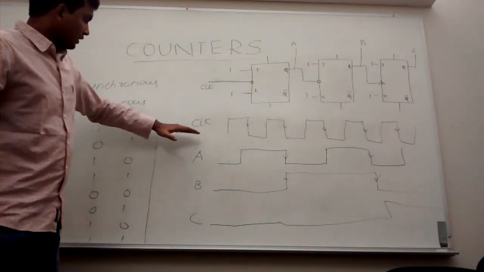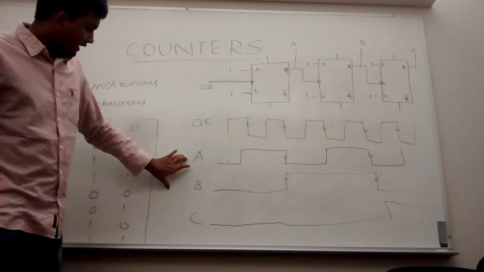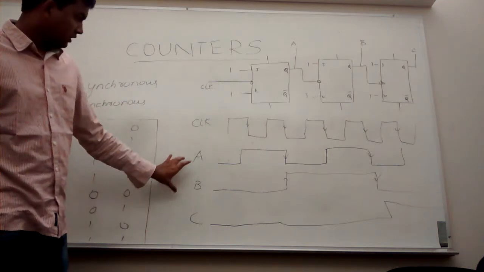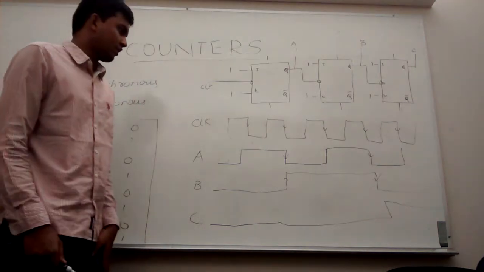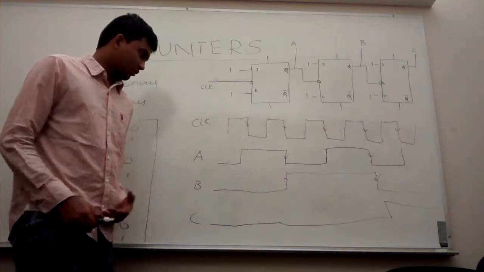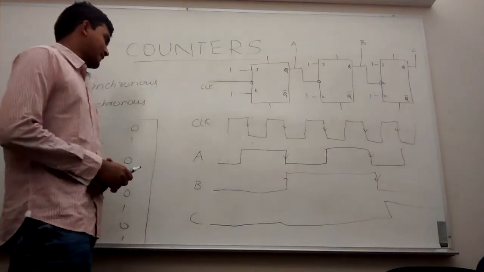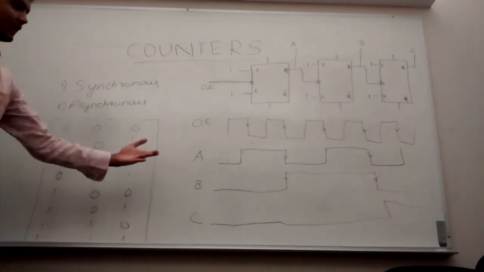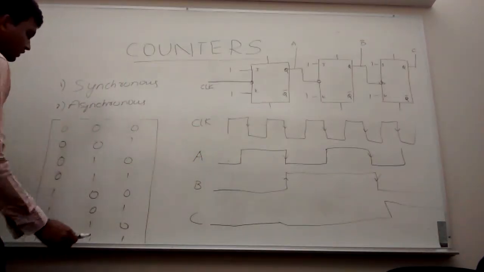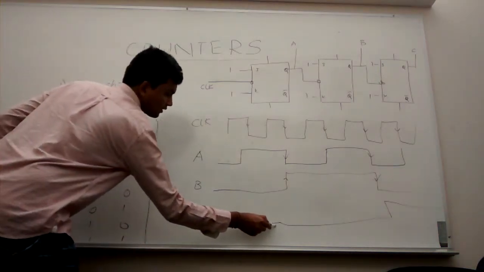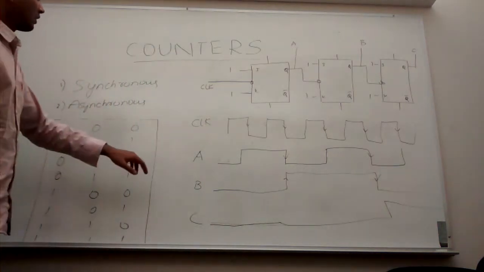So if you could see, the frequency is being halved at every output. That is the specialty of the counter over here, and the JK flip-flop's magic is being played, and we will try to relate the output over here to the truth table here.